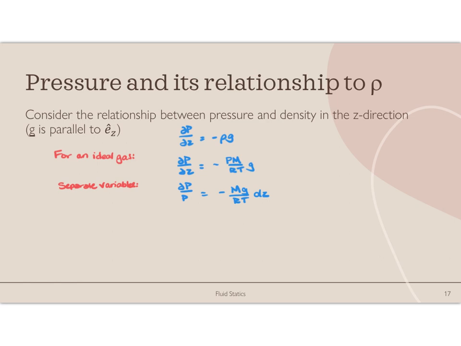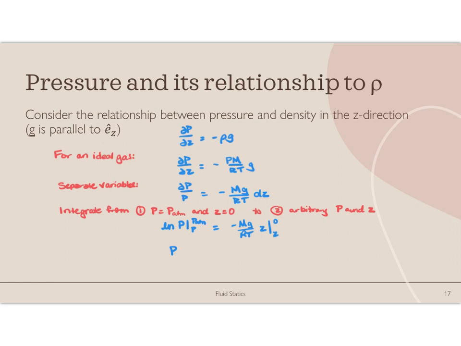In this case, we end up with the natural log of P going from P atmospheric to P, whichever way, it doesn't really matter, is equal to negative Mg over RT, none of those vary with z, times z going between the same two limits.